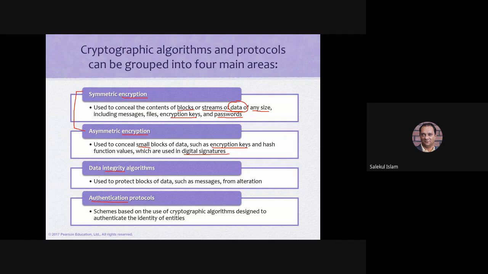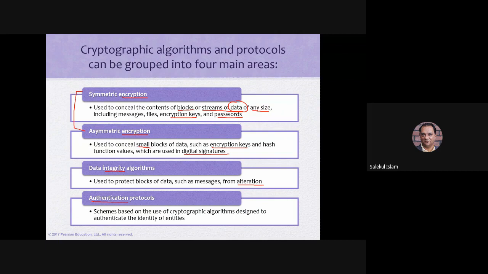Now the data integrity algorithm. Why do we use data integrity? Integrity means you have already saved something, or maybe you are sending some value, so nobody can change those values. Integrity will protect you from any kind of alteration. That's the main idea.